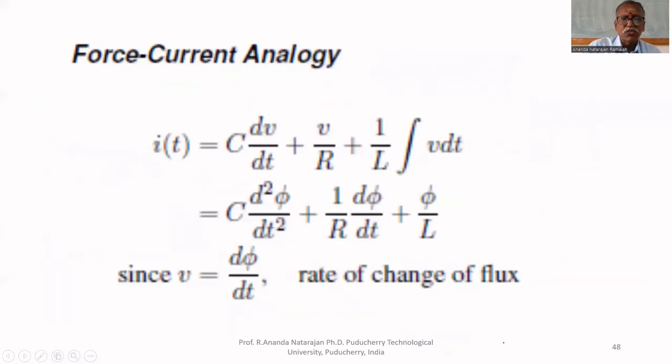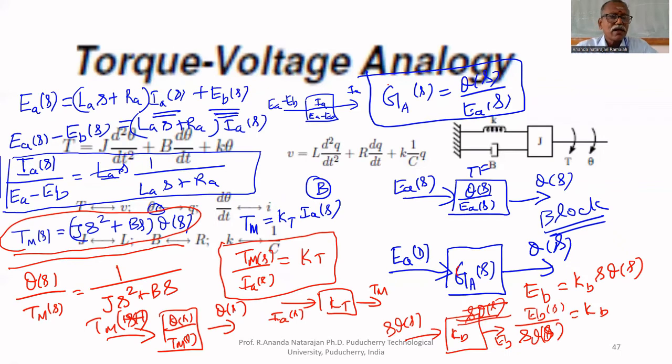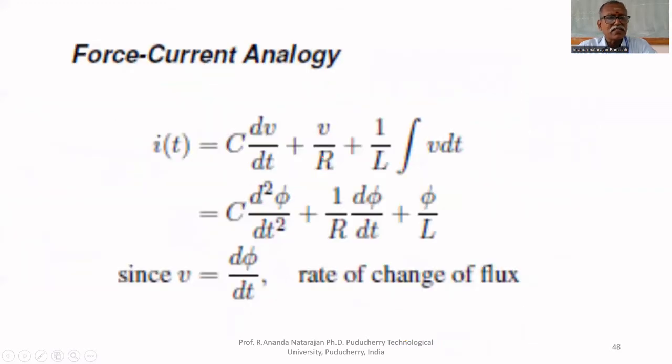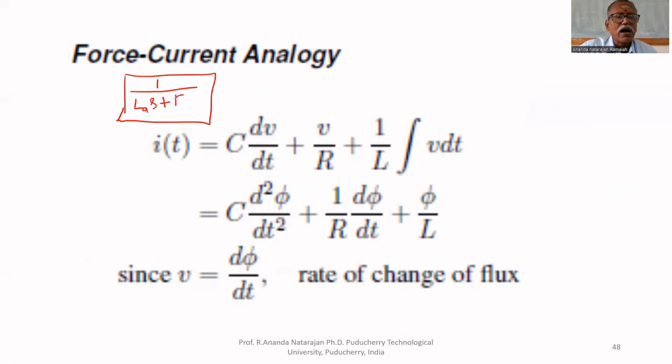We will combine all those things together. What is the first block? The first block is this. What is the output? IA of S. What is the input? EA minus EB. Let us take that first. The block is 1 upon LA S plus RA.